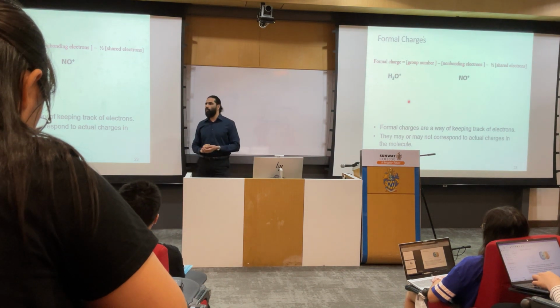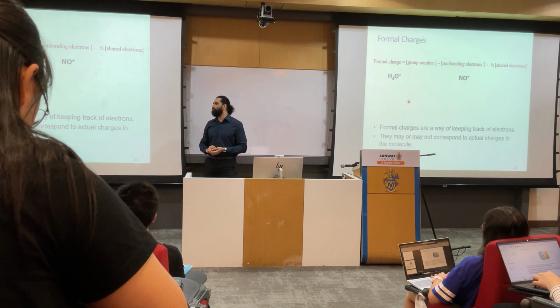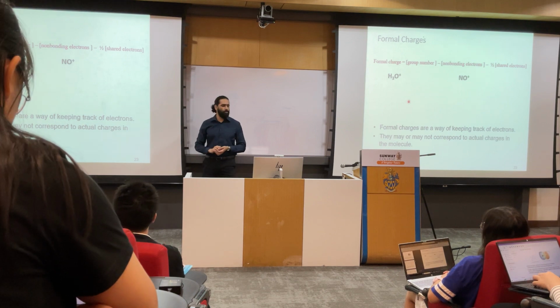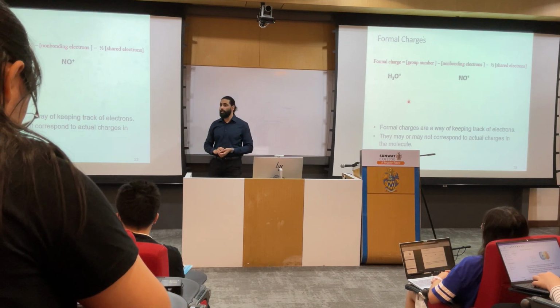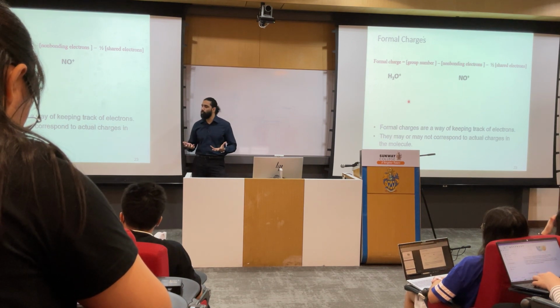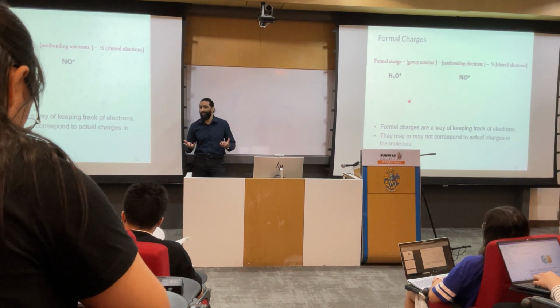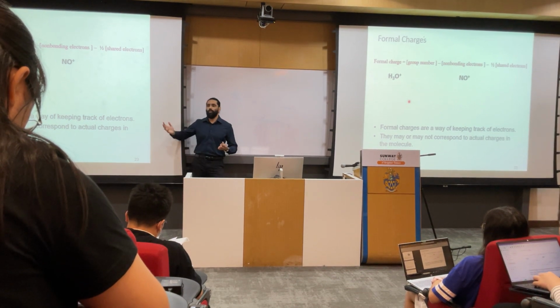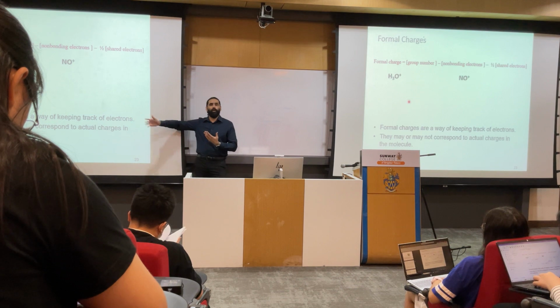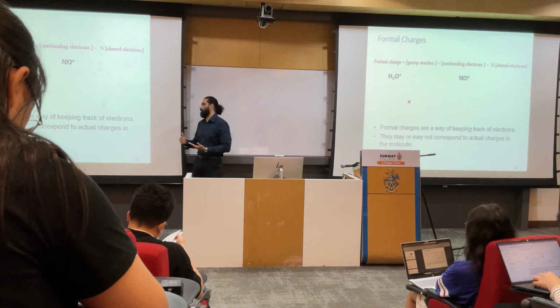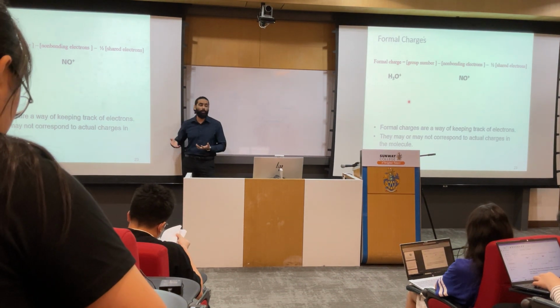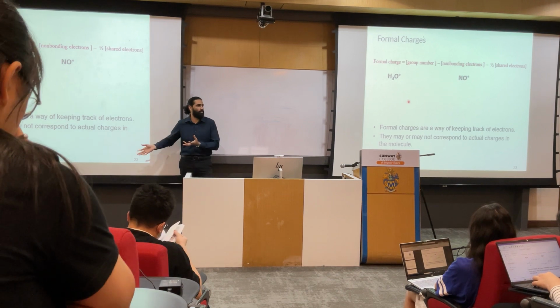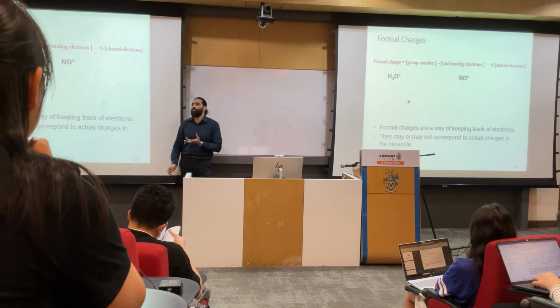Right, the next thing I want you to brush up your memory on is called formal charges. There are practical charges and formal charges in a molecule. Practical charges mean the exact charge the molecule carries.